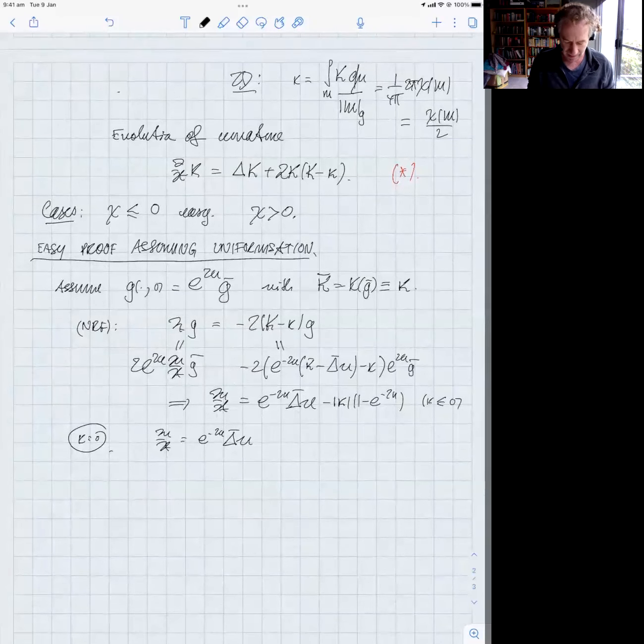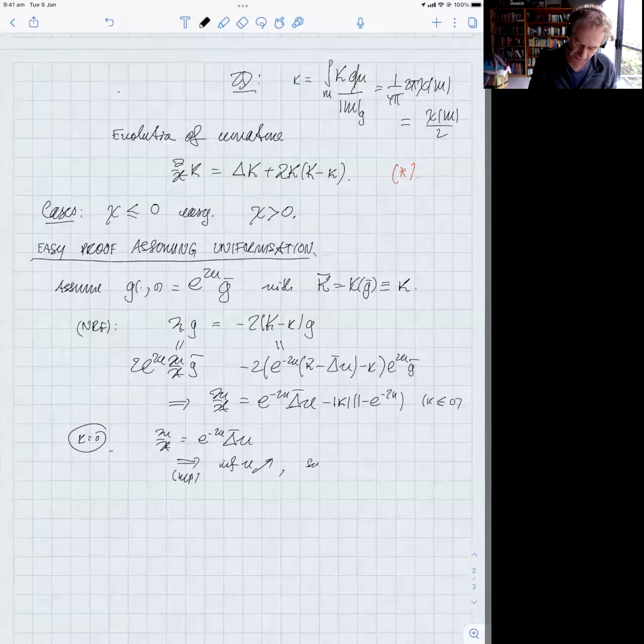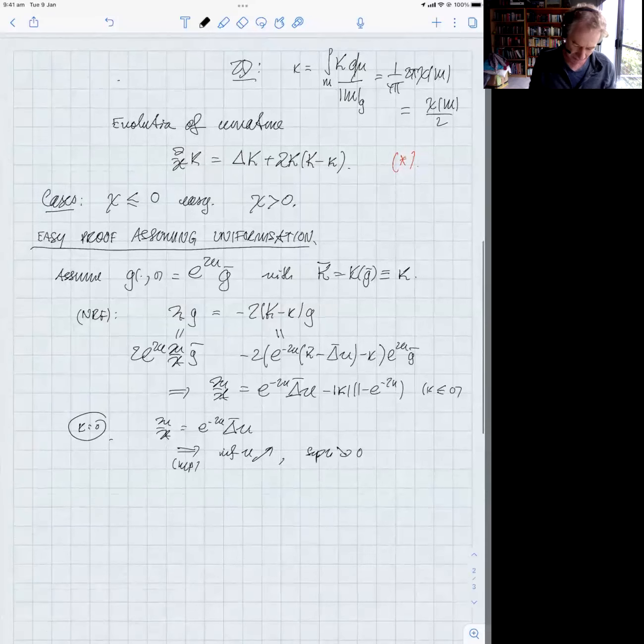It's just a positive function times the Laplacian on the right-hand side. And so I can say straight away from the maximum principle that the inf of u doesn't decrease and the sup of u doesn't increase. So I get a uniform bound on u independent of time.